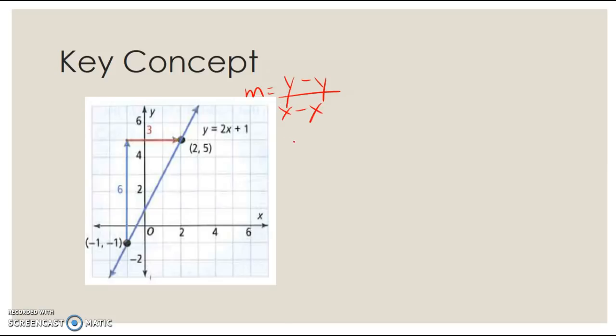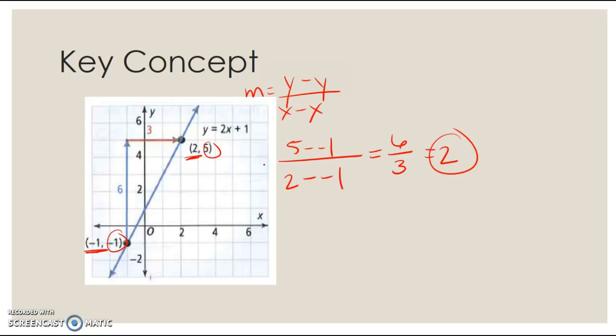And so we can do 5 minus a negative 1, because here's my 5 and there's my negative 1, over 2 minus negative 1. And again, 2, negative 1. So y minus y, that's what I circled, over x minus x. And so 5 minus a negative 1 is 6, and 2 minus a negative 1 is 3, which gives us 2. And so that's our rate of change.